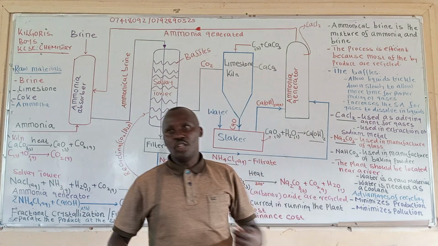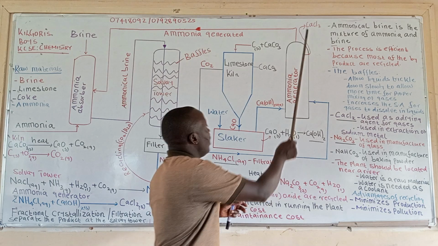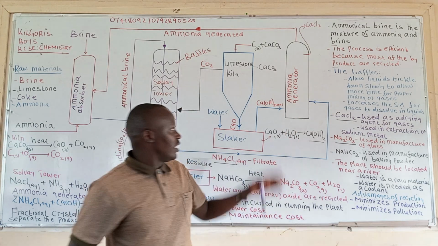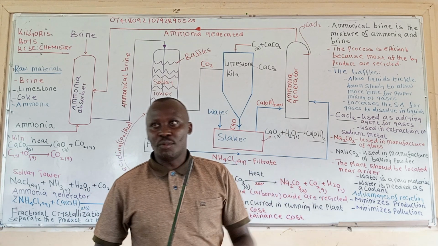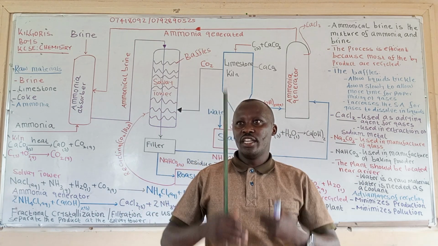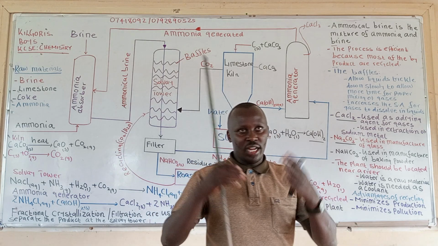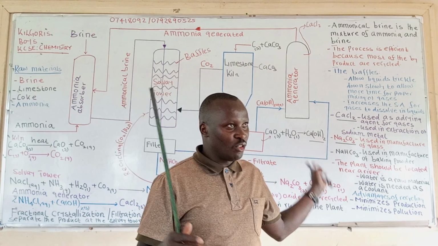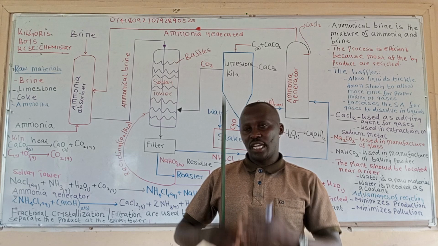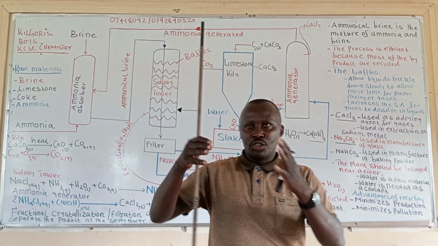Again, you may be required to give the use of this byproduct, calcium chloride. As you know, calcium chloride is used as a drying agent. So when you are required to give the uses of calcium chloride, you just say it is used as a drying agent for gases which do not react with it. And also, calcium chloride is used in the extraction of sodium.